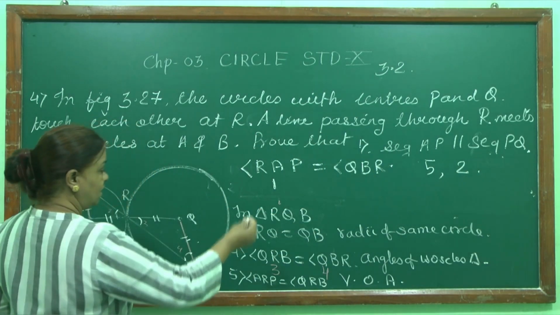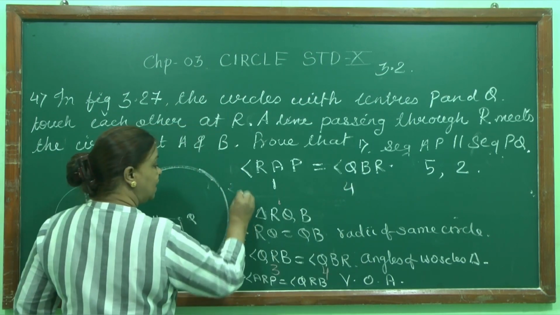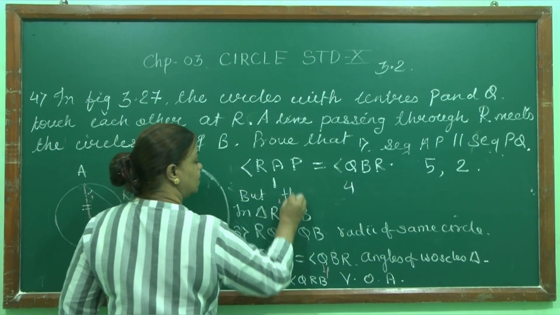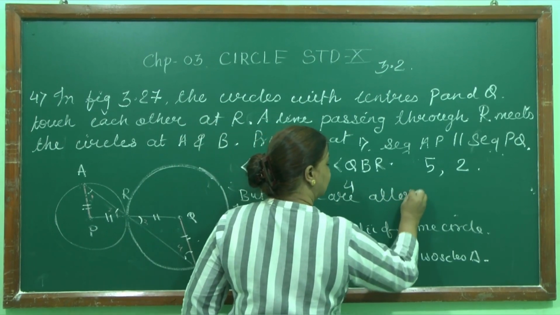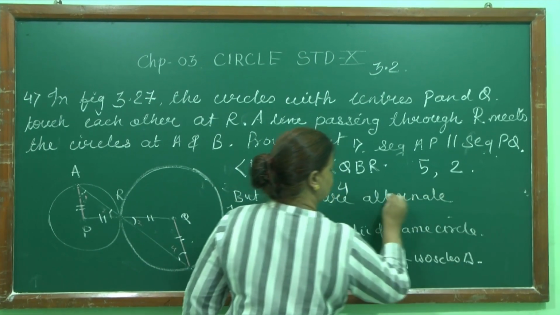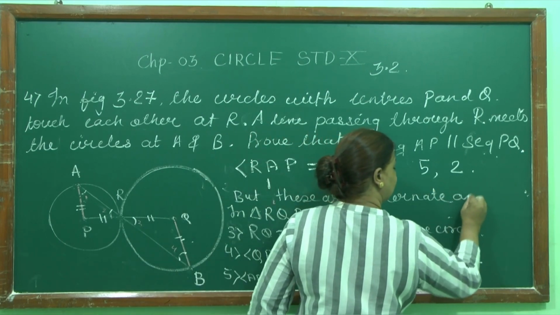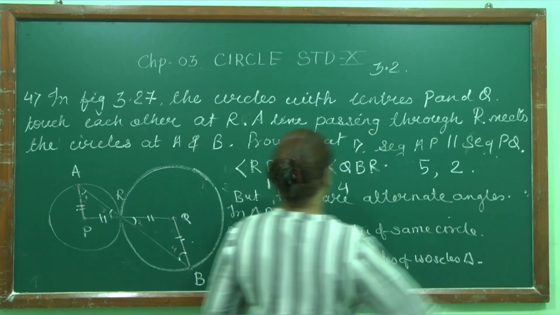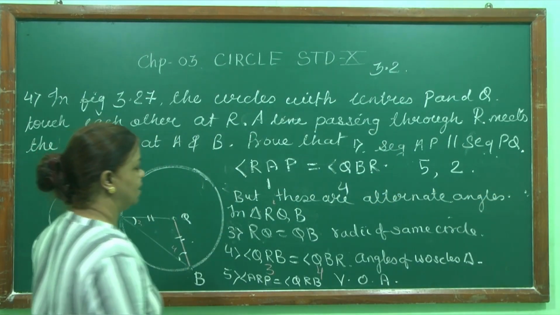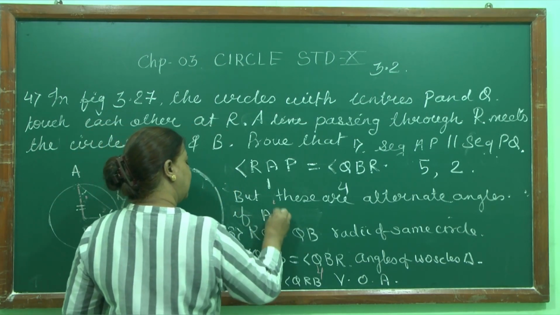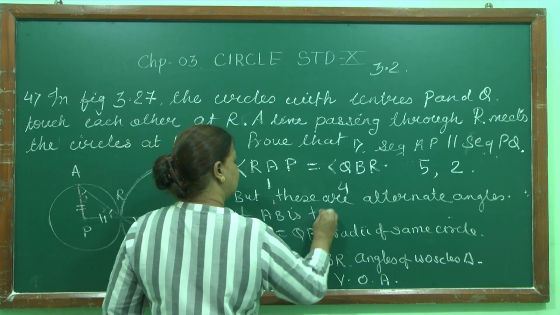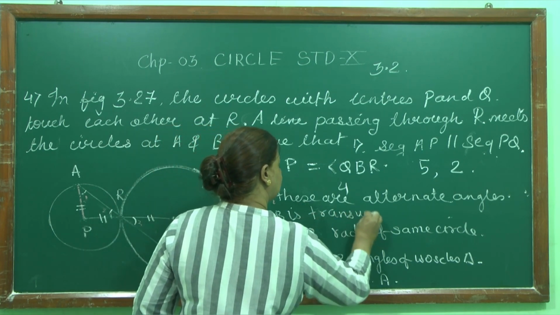But these are alternate angles, if AB is a transversal.